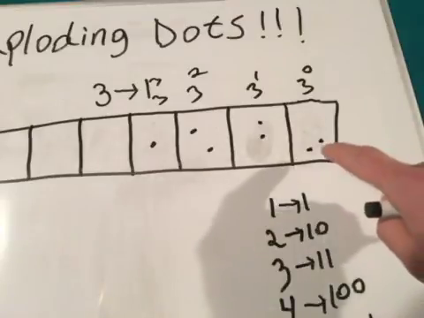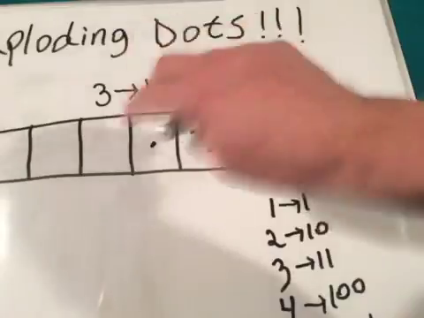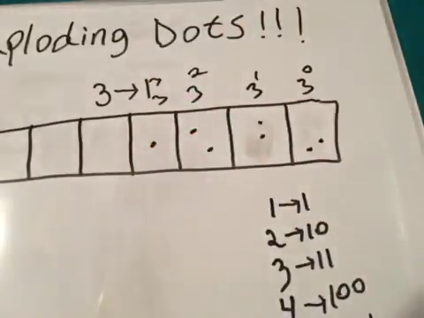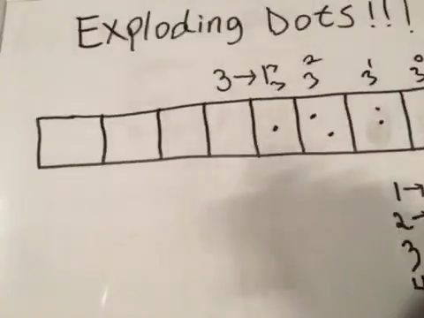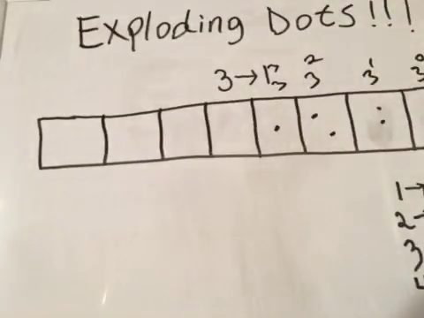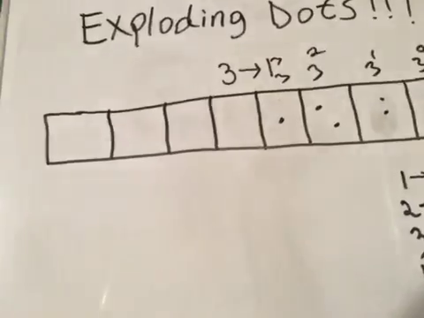That's, I think, all the exploding that's going to happen, because now I have 2 dots here, 2 dots here, 2 dots here, 1 dot here. I don't have anything that has 3 or more dots. So I'm done exploding. And what number do I have? Well, I have 1 in the 3 to the 3 place. So what number did I just make?